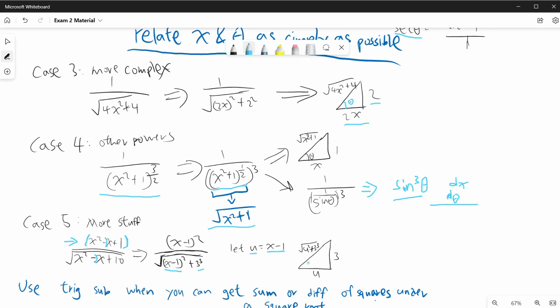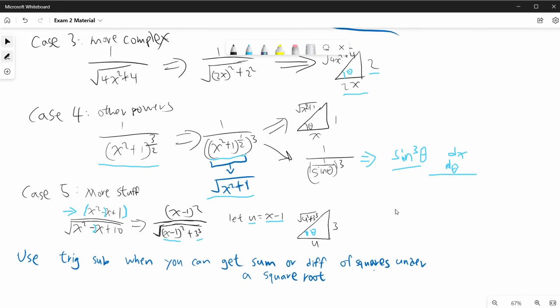You use u sub for a trig sub. You still have a theta, and then relate theta to u, solve it for theta, and then plug u back in, and then plug x back in. That would be a lot of steps, but with more practice, it can actually be not that bad.